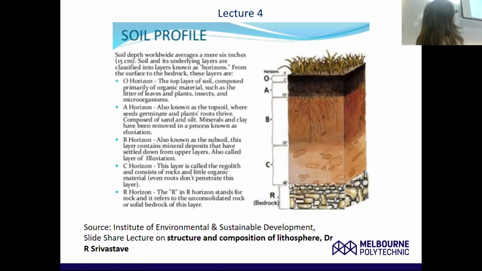This is followed by the horizon B, and horizon B is probably the most important horizon as an agronomist, because this is usually where most of your productive root zone occurs. So horizon B is usually split into B1 and B2, just to add a little bit of confusion. But that's where you'll find most of your roots. That's where you'll find most of your water uptake and your nutrient uptake.